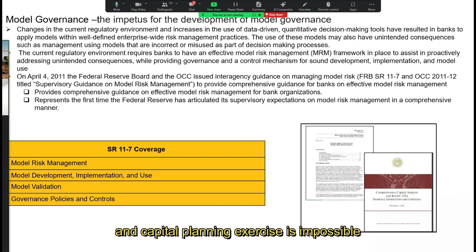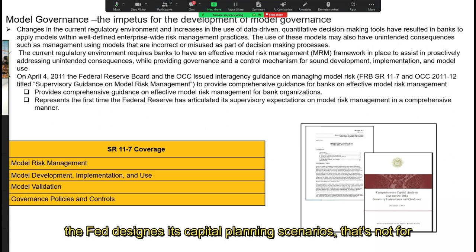And a capital planning exercise is impossible without the use of models. I'm not going to go into the nitty-gritty details of how these financial models work, or how the Fed issues its capital planning scenarios.